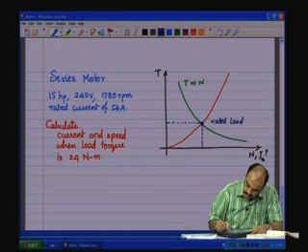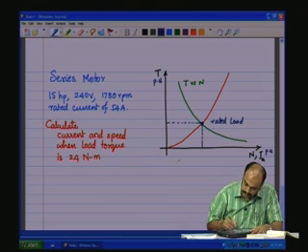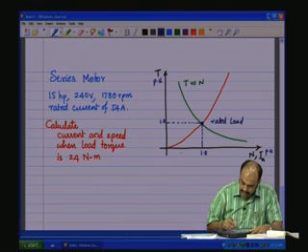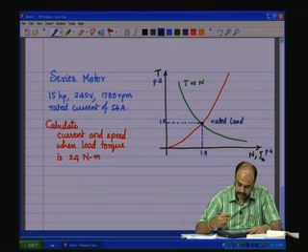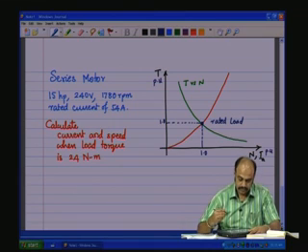So, if we say these are all on per unit values, this is also in per unit values, and this would be 1.0. So, at rated current, 100% current, there is a 100% torque. This is the graph which is also given to us.